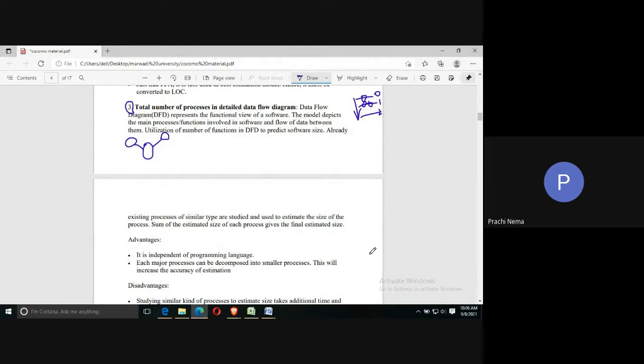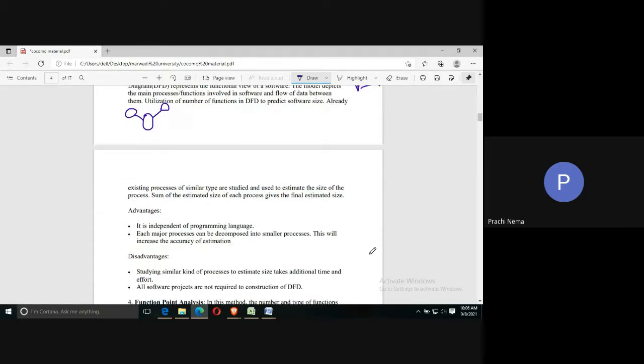But like every other technique, there are certain advantages and disadvantages linked with it. What are the advantages of using DFD for size estimation? The advantage is that it is independent of programming language, because the count of processes does not depend upon programming language. For any kind of language, your DFD will be the same.